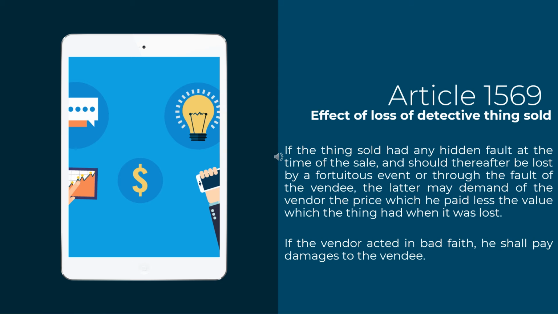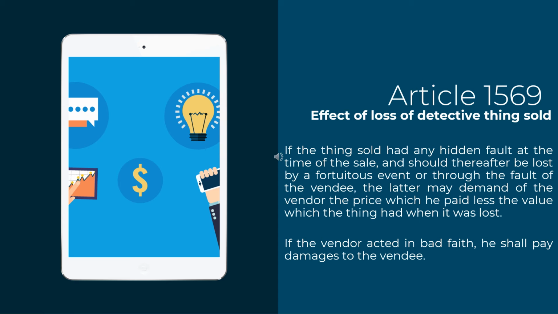In this case, if the thing sold had no hidden defects, absolutely none at the time of purchase by the vendee, and it is lost through a fortuitous event or through the fault of the vendee, of course, the loss is to be borne by the vendee.